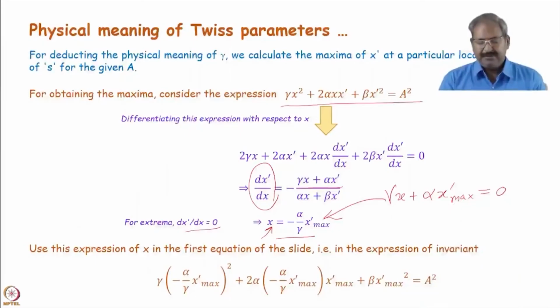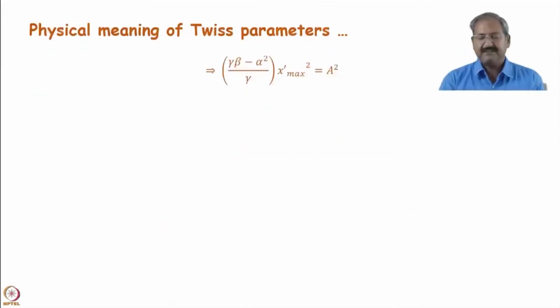Now if we use this value of x in the expression, we will get the complete expression in the form of x prime. So we have converted the whole expression in x prime, so we will find the value of x prime. What is that value? We will see it. This we get gamma beta minus alpha square. However, you know that gamma beta is 1 plus alpha square.